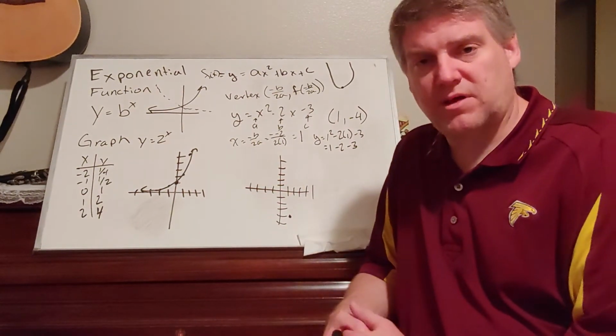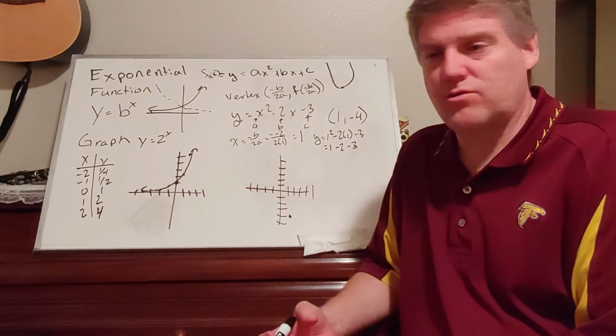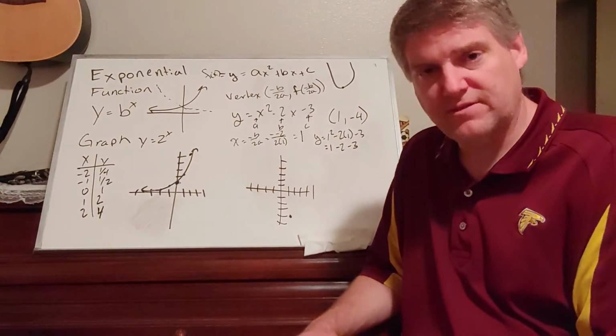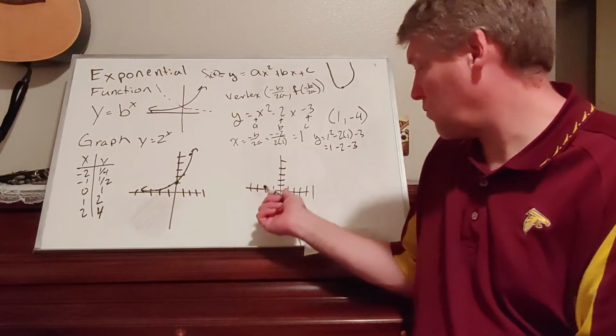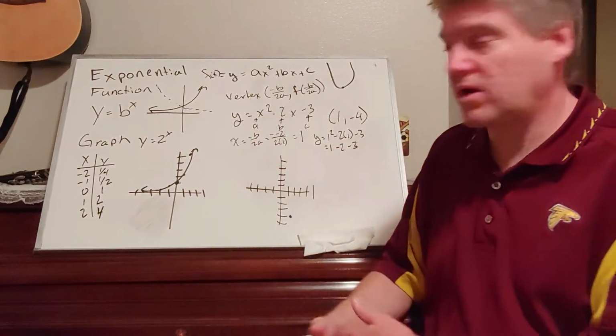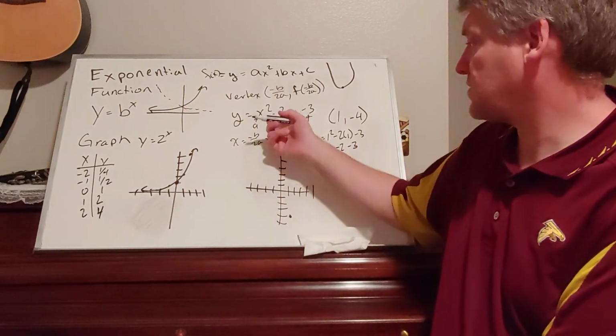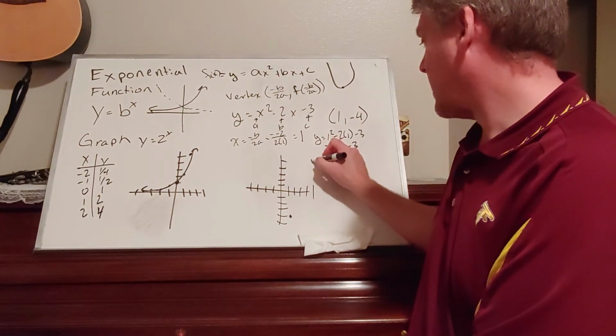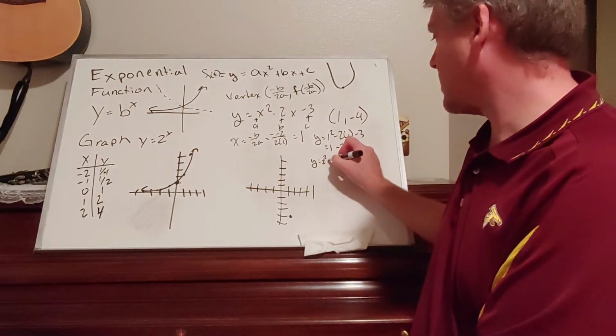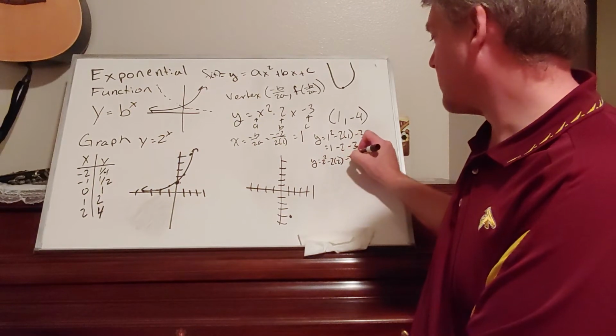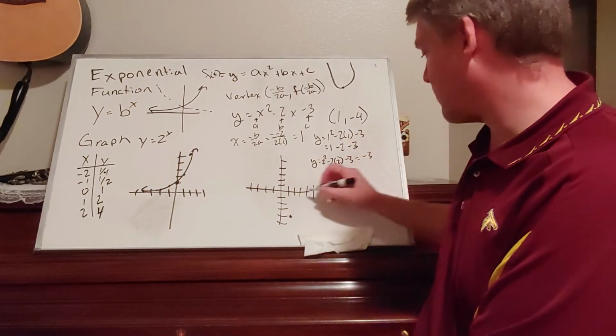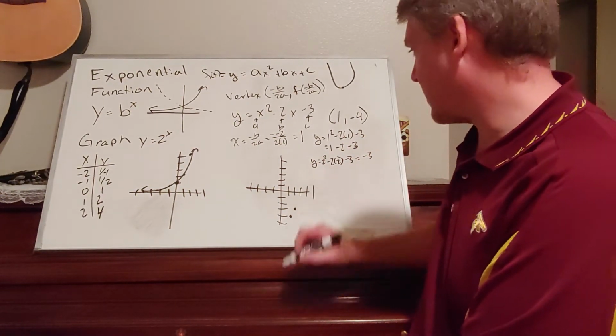Now to find some other points, I'm just going to pick values to the right and left of 1. So I might pick 2. I pick 2 and plug it in here. So I want to find 2 squared minus 2 times 2 minus 3, which is going to give me negative 3. So at 2, I'm at negative 3.